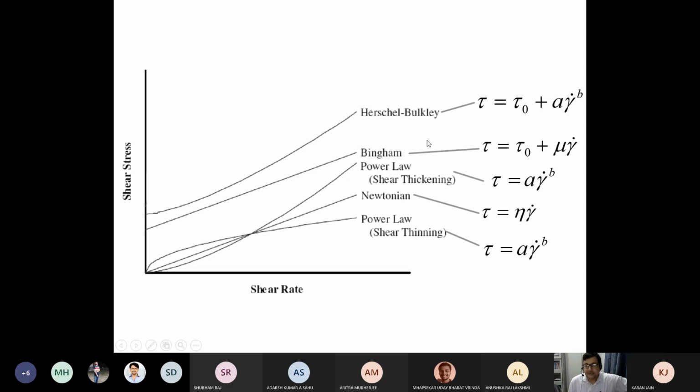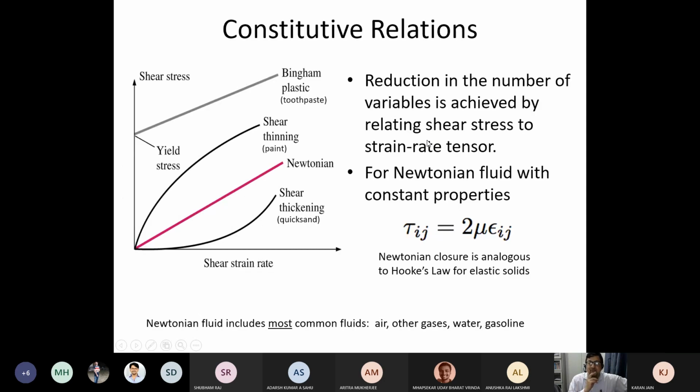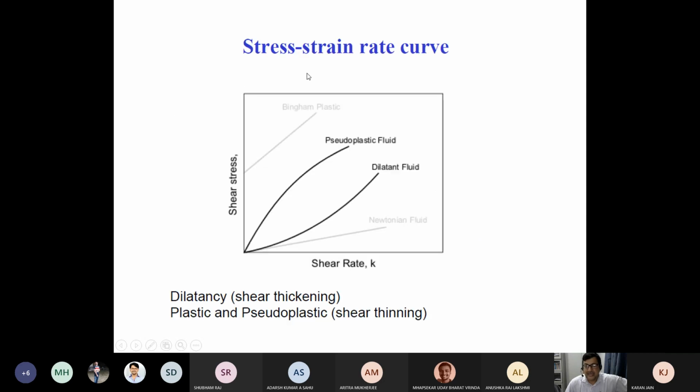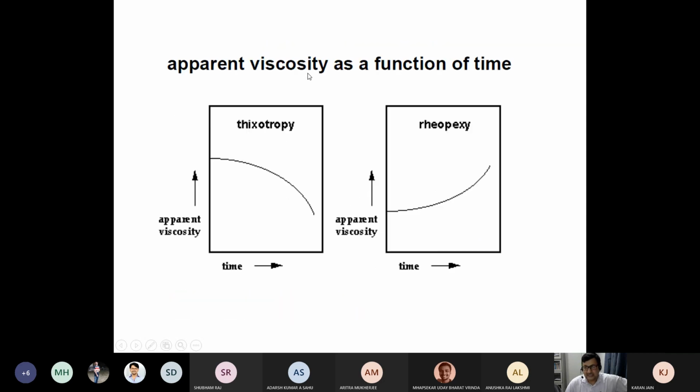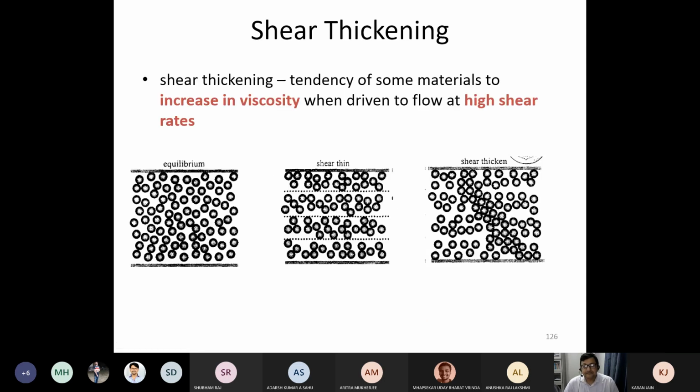Okay, so one needs to know different types of constitutive relations in order to tackle those problems, right? So for a fluid, if you plot shear stress versus shear strain rate, you can differentiate between shear thinning, shear thickening, Newtonian, Bingham plastic, and then what are the other types? Thixotropy and Liouville. This we have discussed in great detail in the last class.